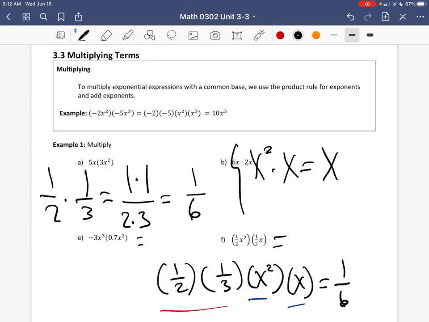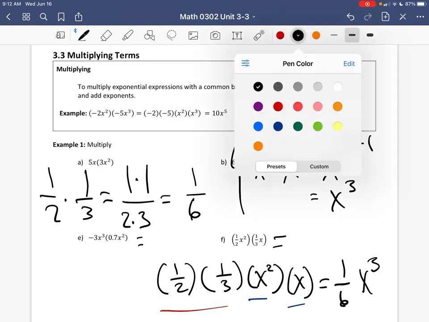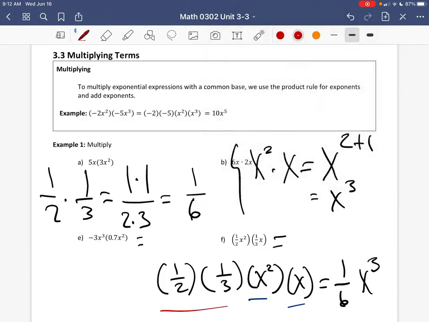Variable x. So this turns into variable x raised to the 2 plus 1, and the result is x raised to the 3. So final part of the answer, 1/6 times variable x raised to the 3. And let's put a box around the answer. There we go. Okay. And this is the video for multiplying terms.